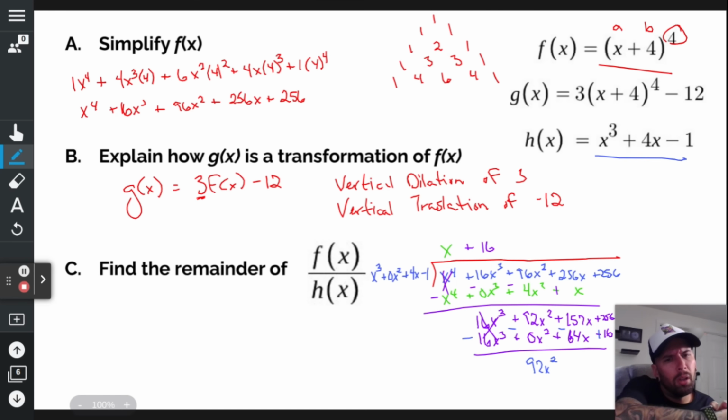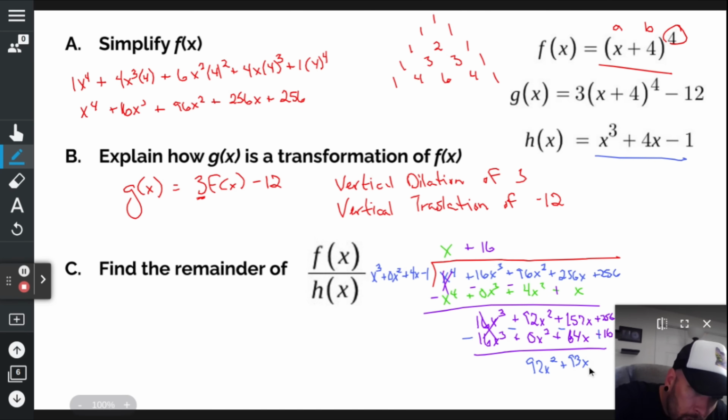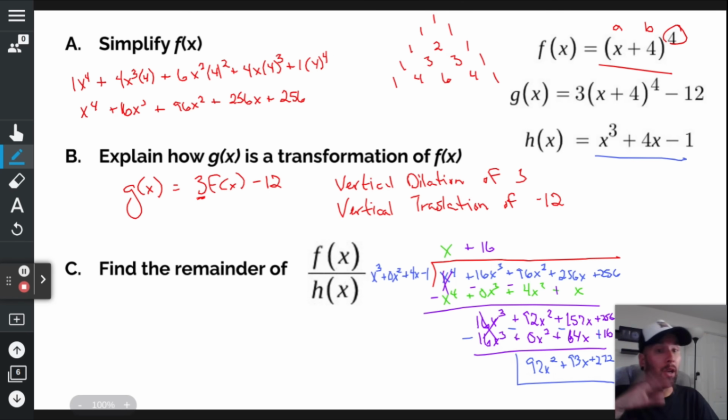Let me just make sure. 157 minus 64. It's 93. See, that's why I check. And then this should be 272. So that one right there is my remainder.